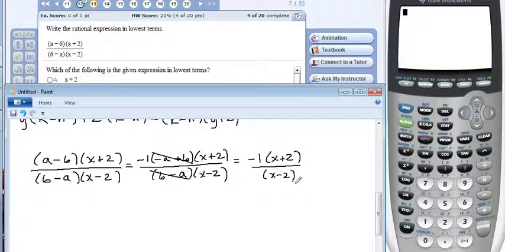Now this is a fairly complicated idea, but this -1 is a floater. I can do one of three things really with it. I can leave it alone like that, or I can say it's equal to, and I can throw it in on the bottom. Those are exactly the same. Or I could throw it out front.